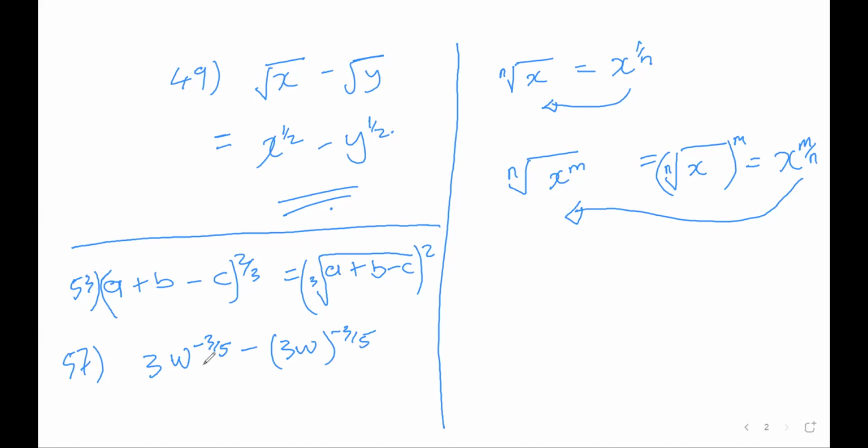So we do that term by term. We see that there are two terms in this expression. The first term, the exponent is only on the w, while in the next term, the exponent is on both the 3 and the w. Take note of this difference. So I would like to start by writing my exponents.